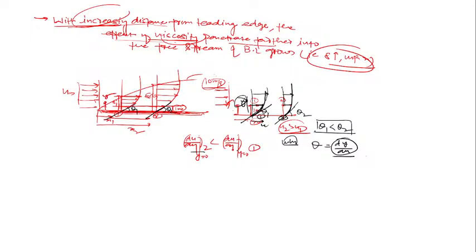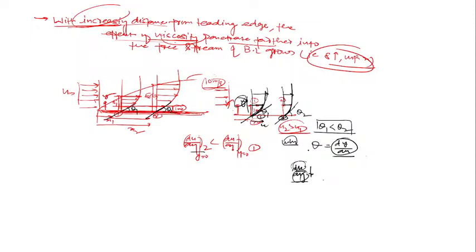And as the velocity gradient decreases, the same velocity is achieved with a decreased gradient. So what does it mean? If du upon dy decreases, it means you will get the same velocity over a higher distance. That is the meaning. The same difference in velocity you will get over a larger distance.